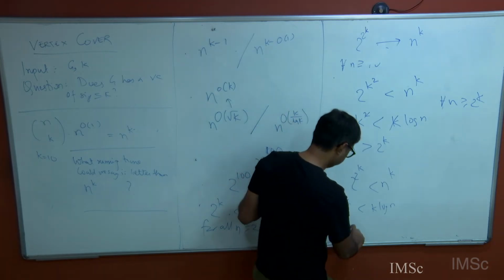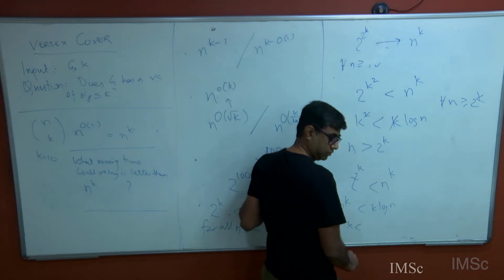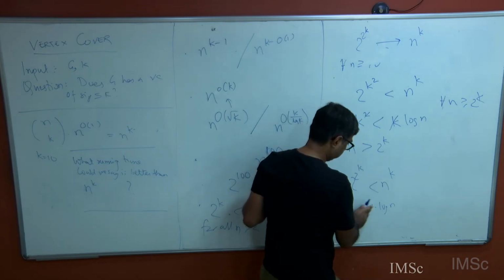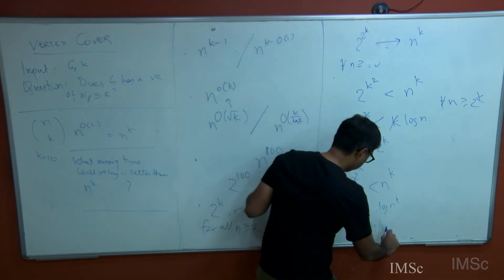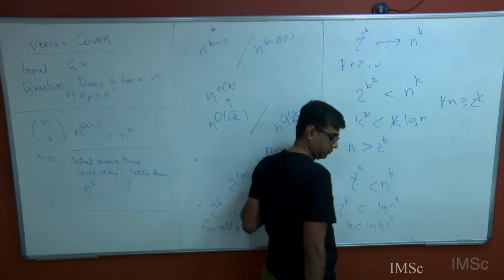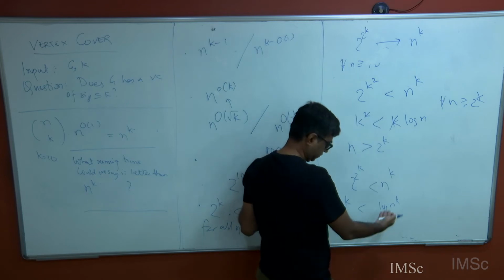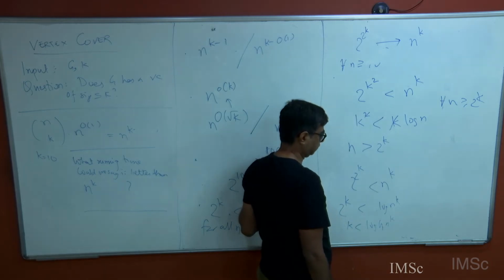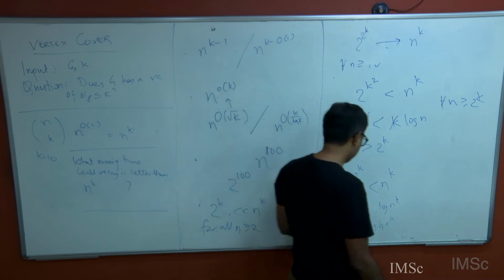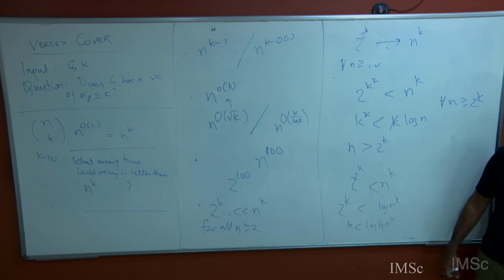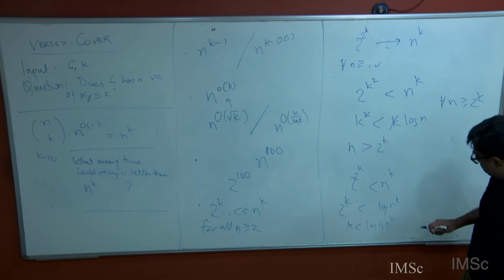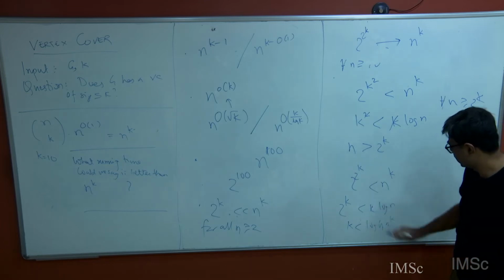So k should be less than or equal to log n to the power k. Suppose this is k log n.